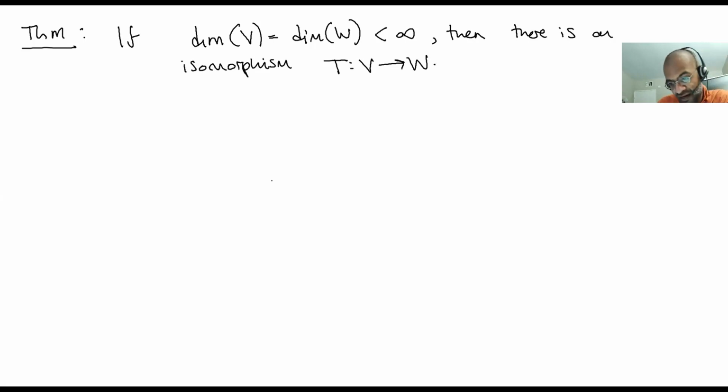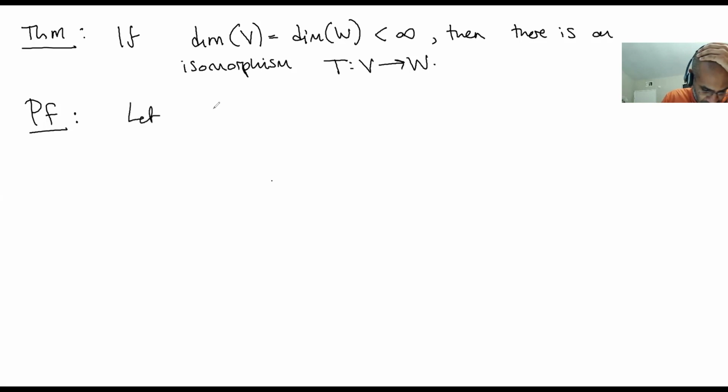And isomorphism is very nice, right? Because it allows you to turn problems in one space into problems in another space. So the proof of this is actually quite nice. There are many proofs of this. I'll give you one of the proofs that uses composition, which is something we'll be using a lot later. So here's a proof.